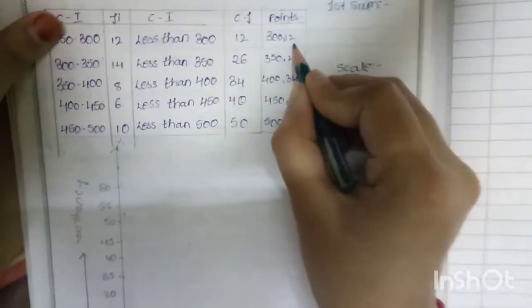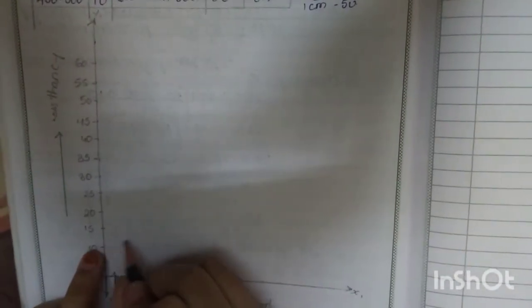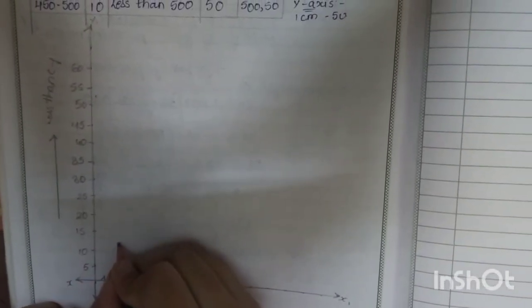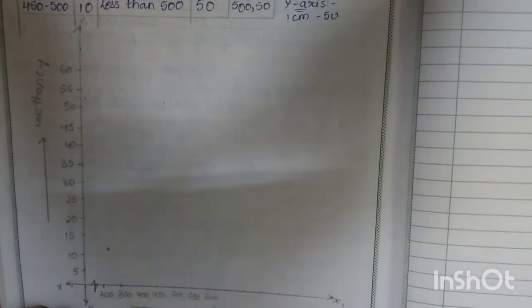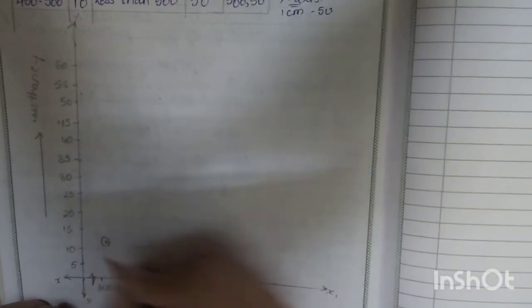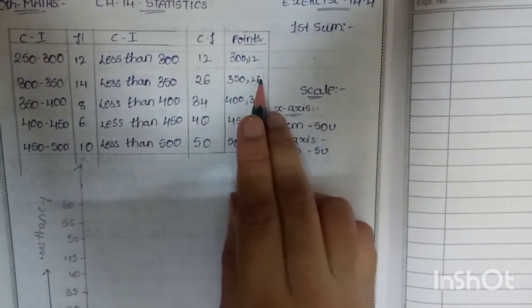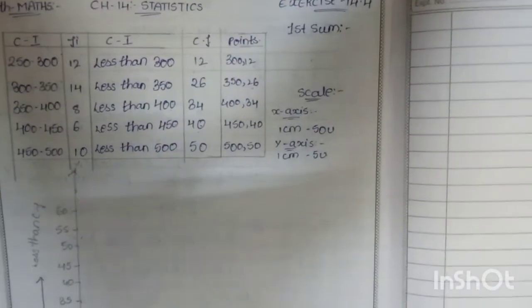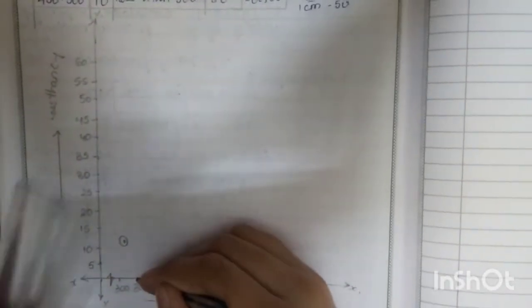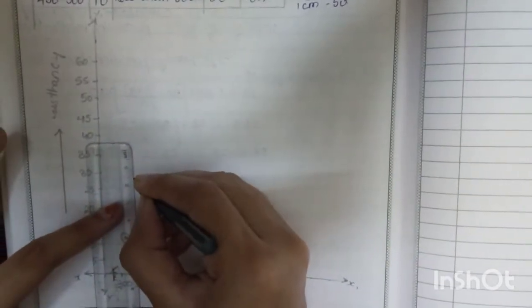The first point is 300 and 12. So 300 will be taken here, and 12 will be approximately over here, so I'm plotting this as my first point. Next we have 350 and 26. So 350 and 26 will be here.